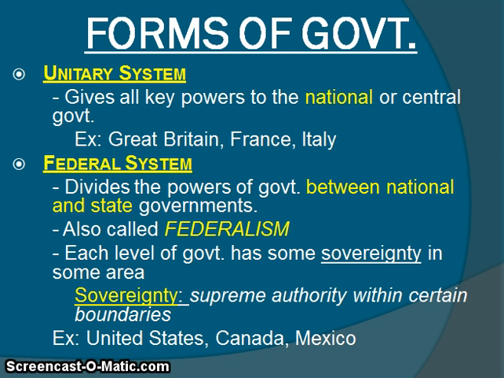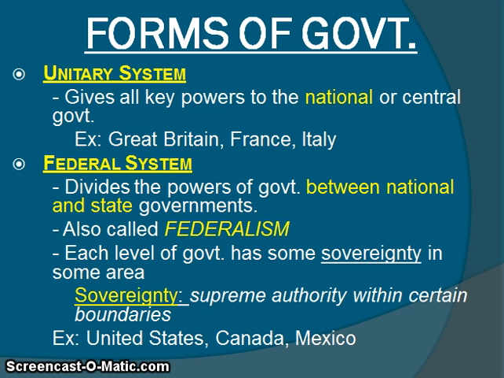There are a number of different countries in the world that have unitary systems. Great Britain is probably the one that you know the best. It has a monarchy, which means it is a king or a queen. But in this case, we're not looking at the type of the government.